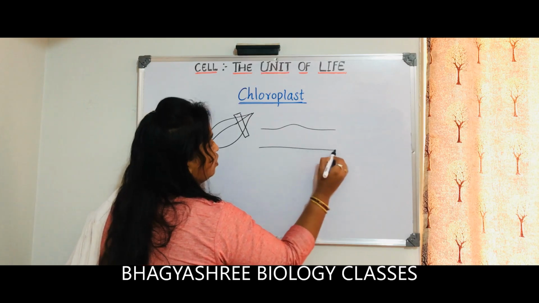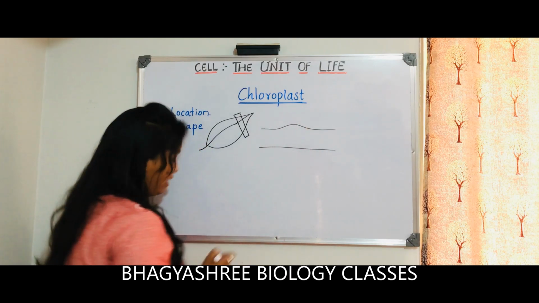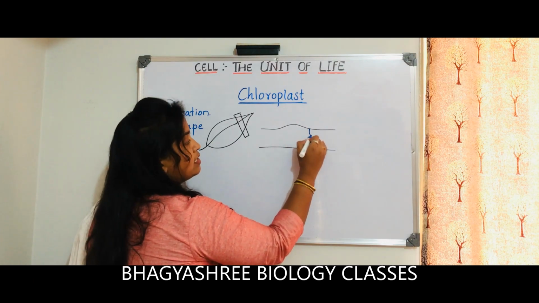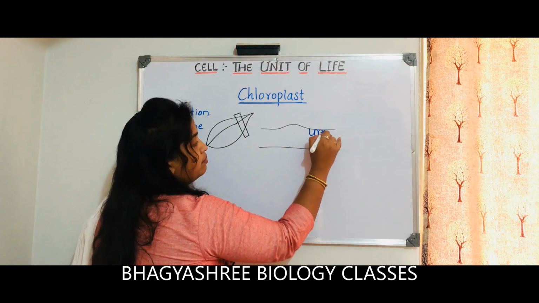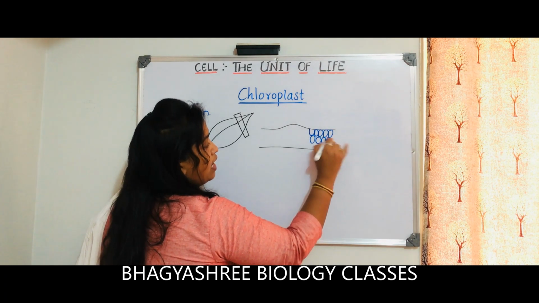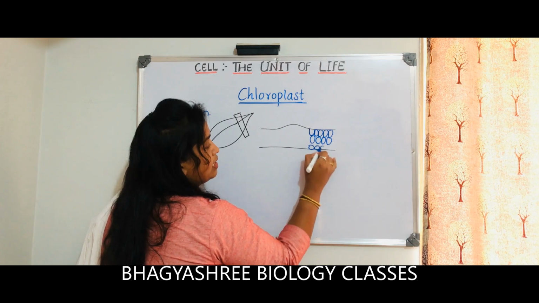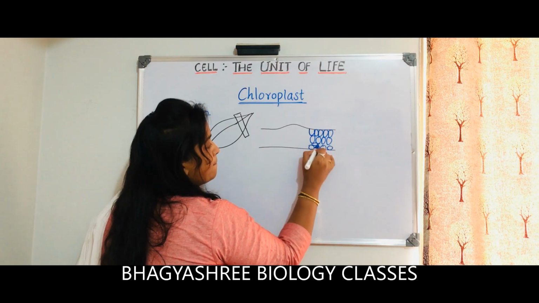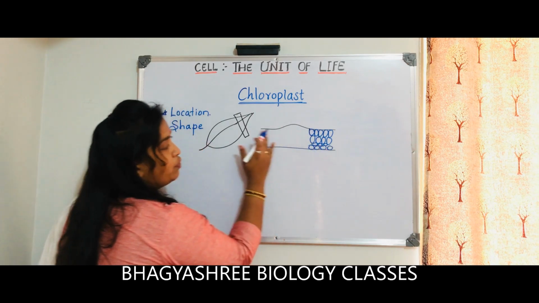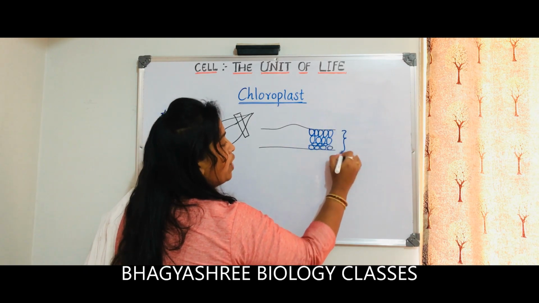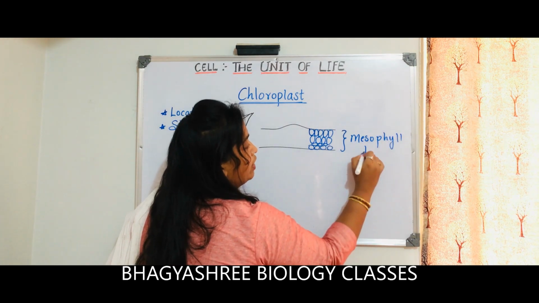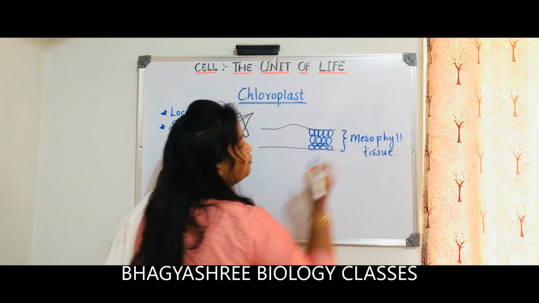This is the midrib region of the leaf, and here you will find some long cells like this, and then some circular cells like this. The tissue you find here, we call mesophyll tissue.